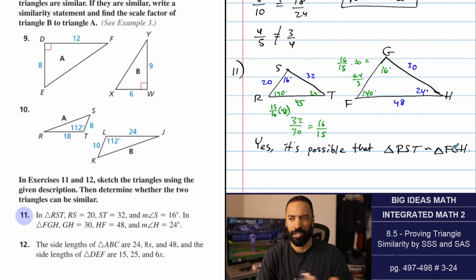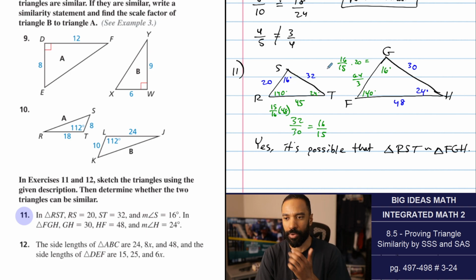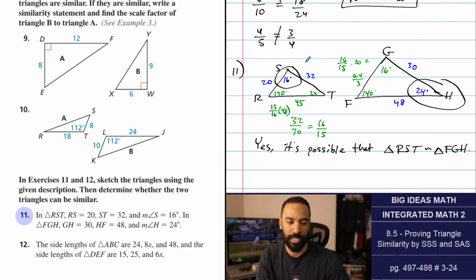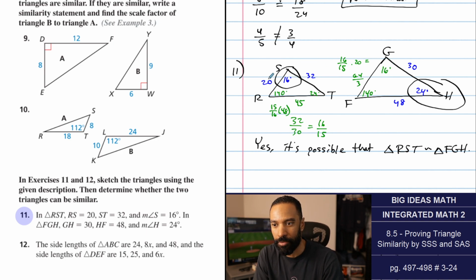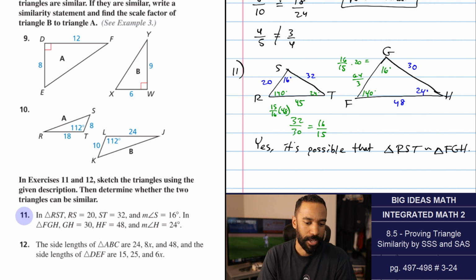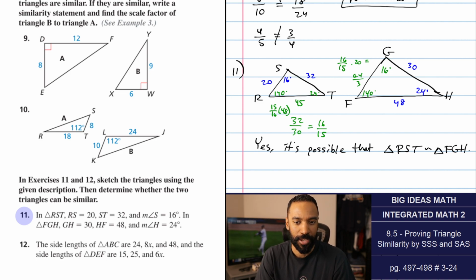Is it a guarantee? No, there's just not enough information here. We don't have a side angle side thing. I was going to align this angle with this angle, but they're not congruent, and I didn't see that they weren't talking about the same two angles. So I was going to put 30 here and 48 here. So listen, it's possible. I just don't have the information to be able to spell it out for you. So, we're just going off that.